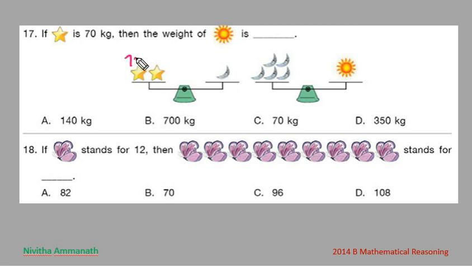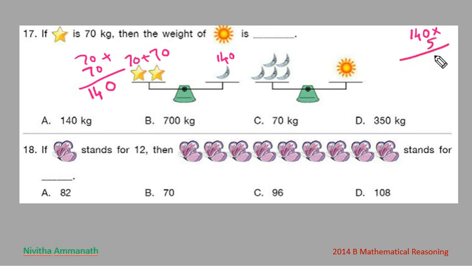That is 70 plus 70, that is 140. So 1 crescent equals 140. Then here, how many crescents are there? 1, 2, 3, 4, 5.